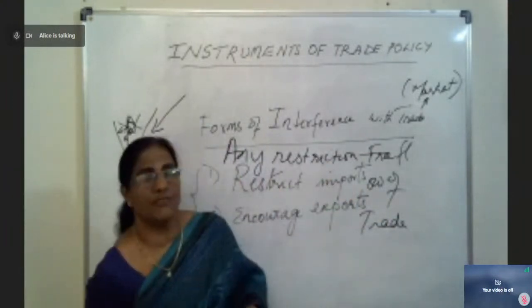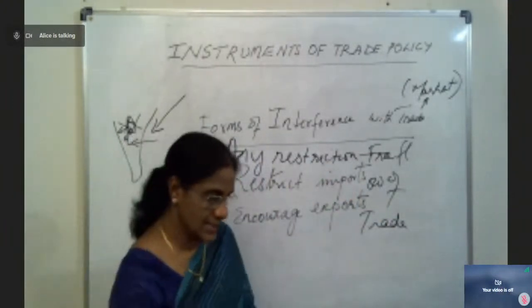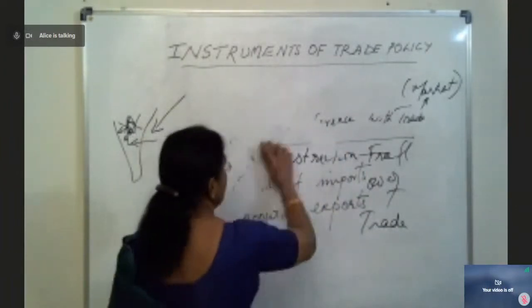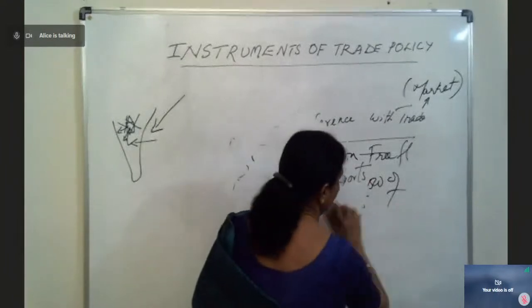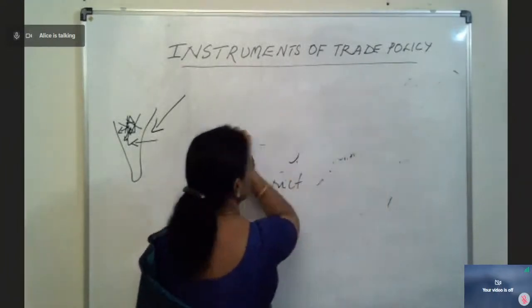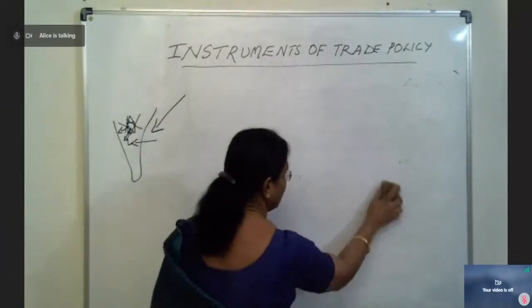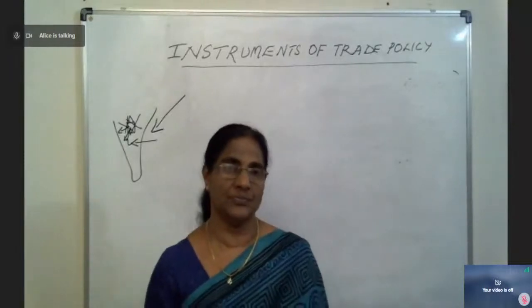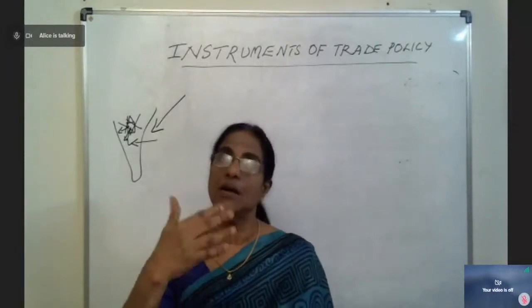That is restriction of import, that is change in the quantity of exports and imports, and all the policy measures by which we interfere with the market, either for increasing export or for increasing import.